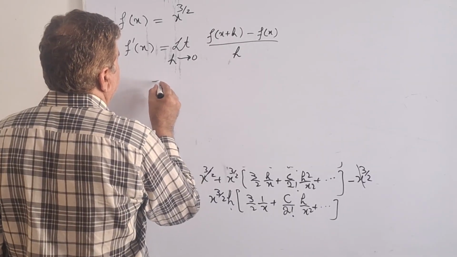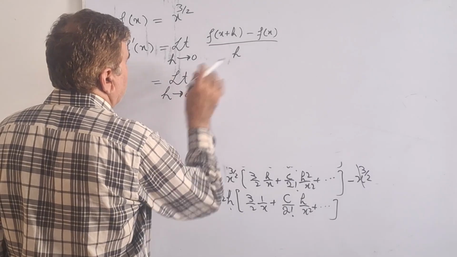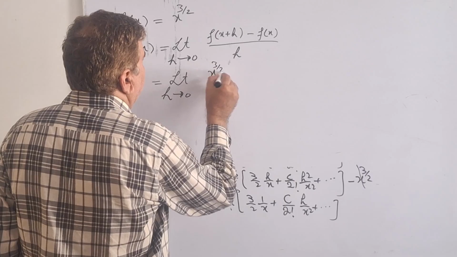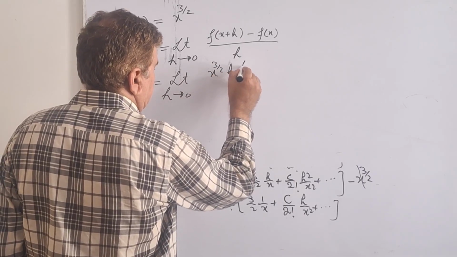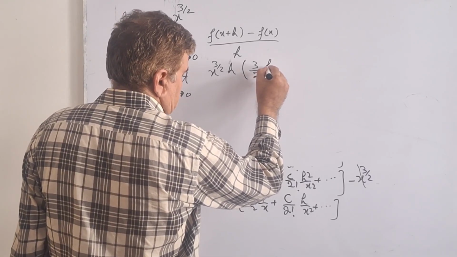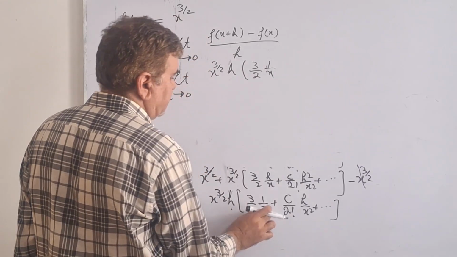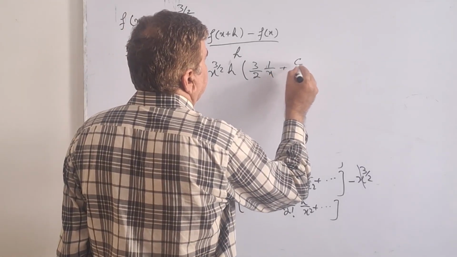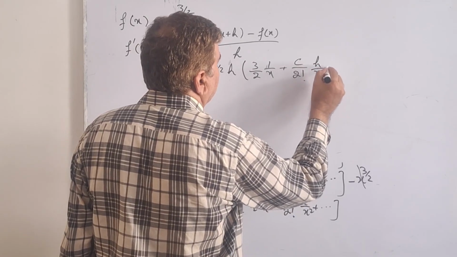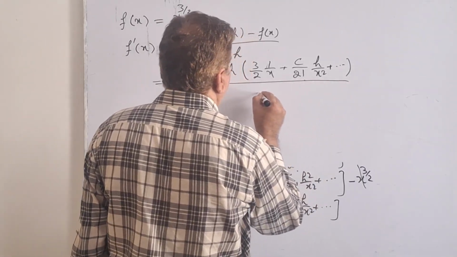Then f prime of x is given by limit h tends to 0, the value x power 3 divided by 2 h into 3 divided by 2 into 1 over x plus c divided by 2 factorial into h divided by x squared, and so on, the whole divided by h.